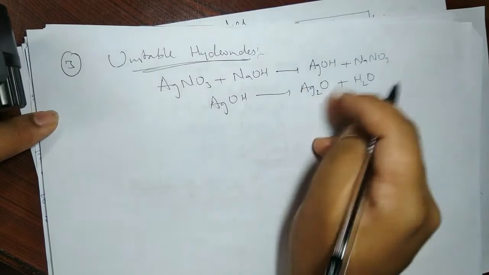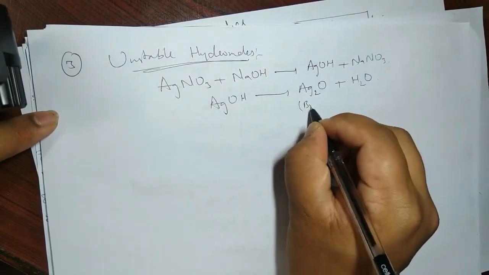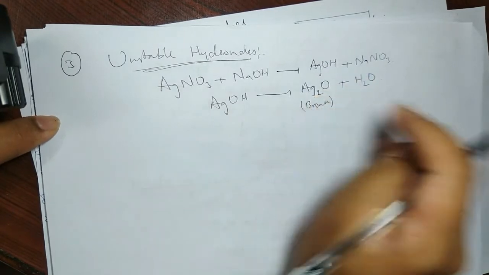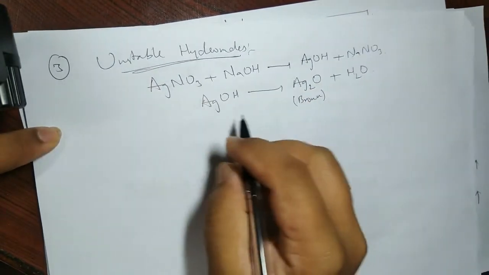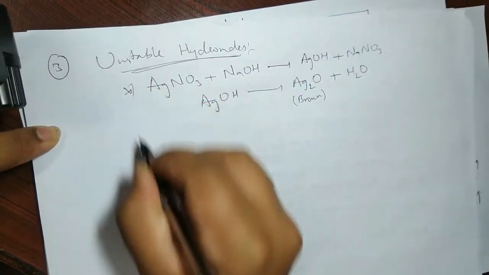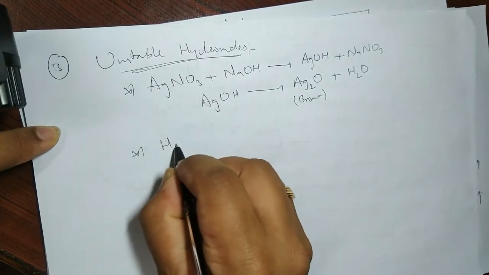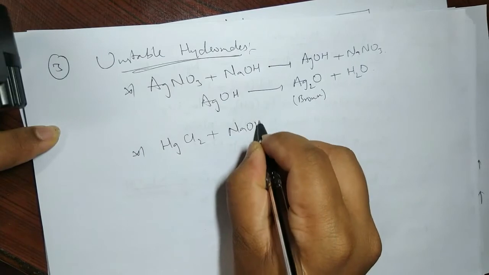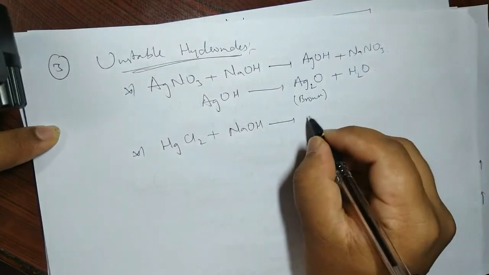Okay, and silver oxide forms a brown PPT, correct? In 9th or 10th you should have studied about this silver oxide. Then the same way with mercury also. HgCl2 on treating with NaOH, what should form?